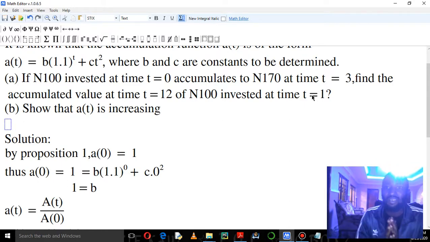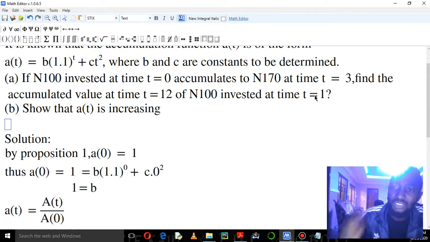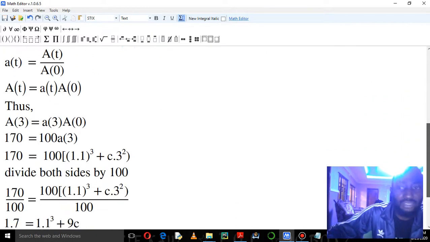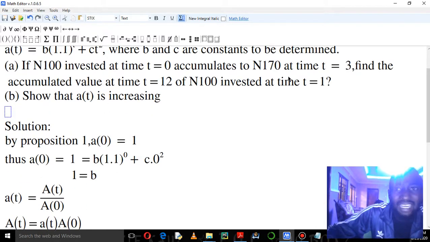And I told you, when the initial investment is invested at time t greater than 0, maybe t equals 1, maybe t equals 2, then you are going to use your growth factor or accumulation factor to find our accumulation value at time t equals 12.